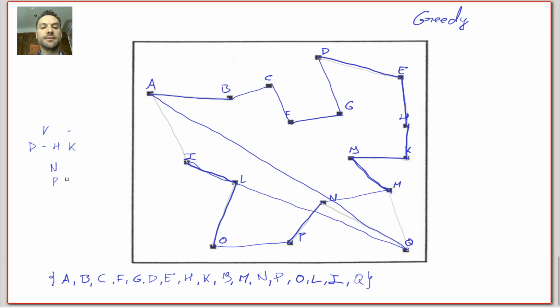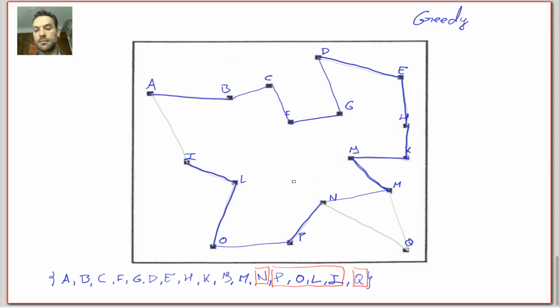Well, in this case, let's suppose that we remove the elements and the chunk POLI and Q. So now the partial solution is this one.